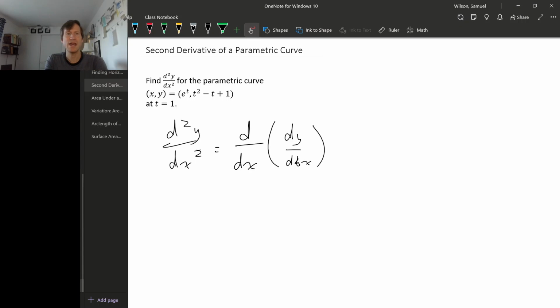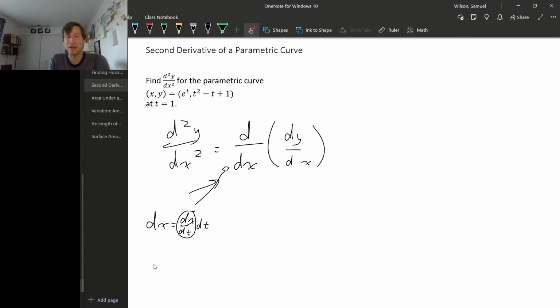Okay, and the tricky thing about this is it might be tempting here to write dx is derivative of x with respect to t times dt, but it's not clear what having this in this denominator, what that even means.